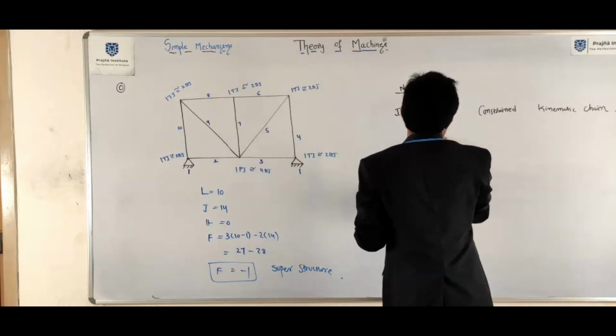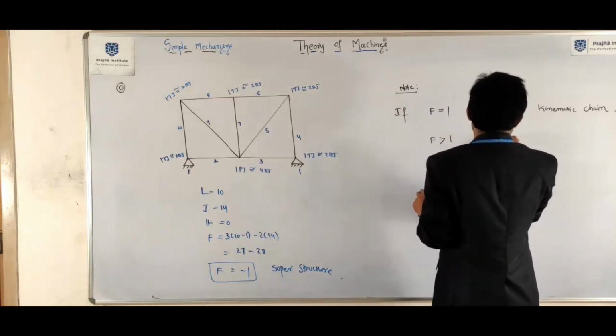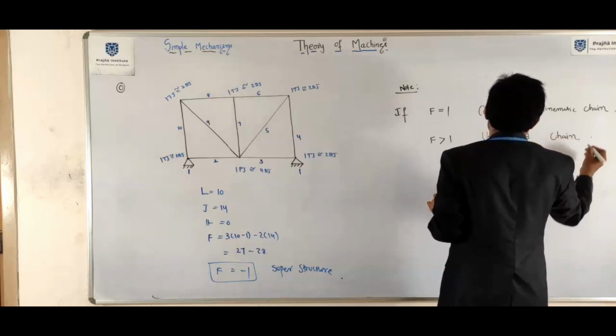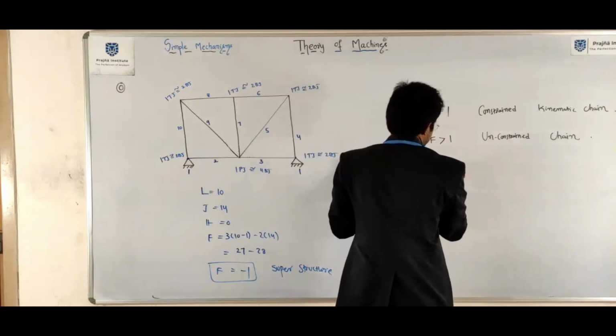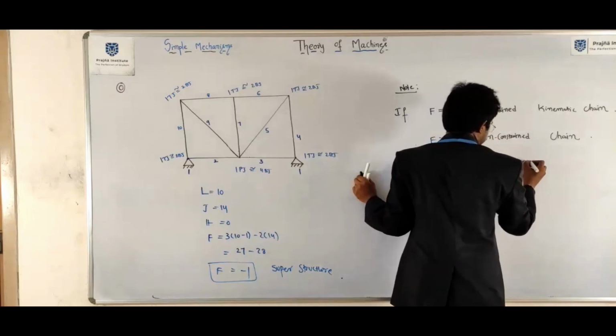If F is greater than 1, unconstrained chain. F equal to 0, structure.